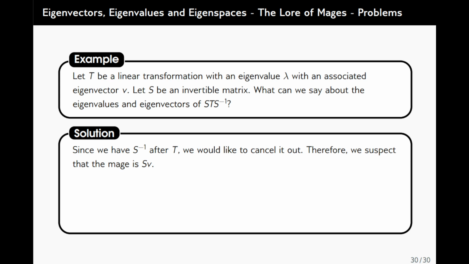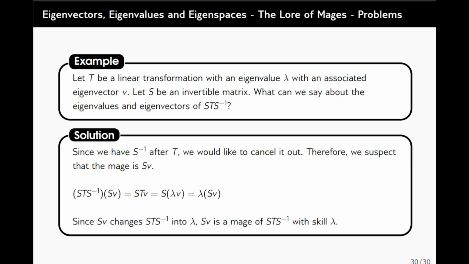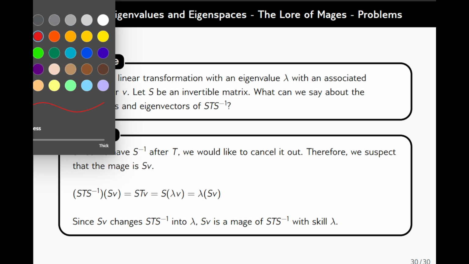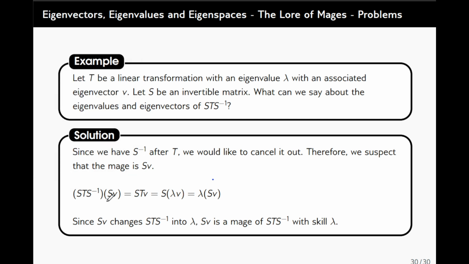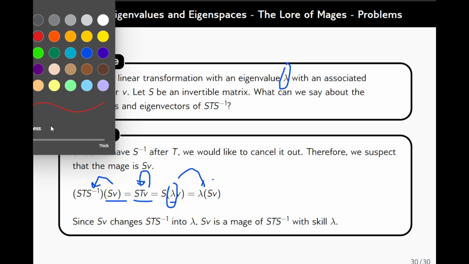If you try to use SV as a mage, you have an SV here, but this S will cancel out with this S, so it becomes STV. But V is touching the T now, so it will use its magic to change it into lambda, which is the skill name. Because lambda is just a number, you can pull it out. Now look at the whole thing.